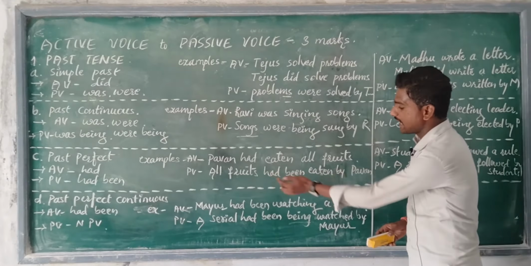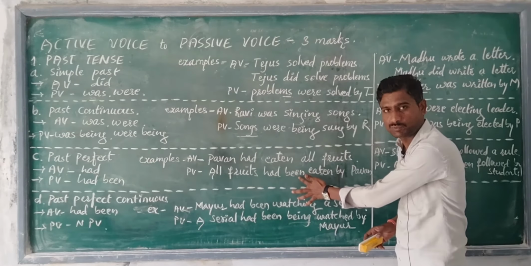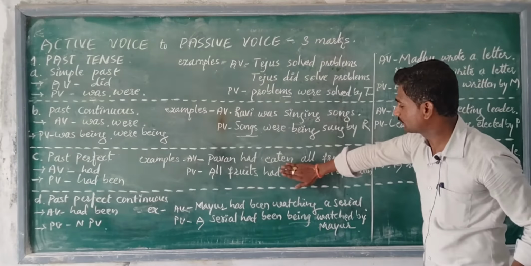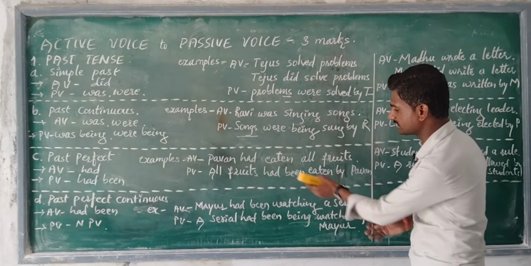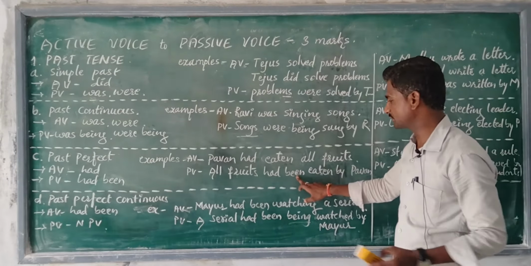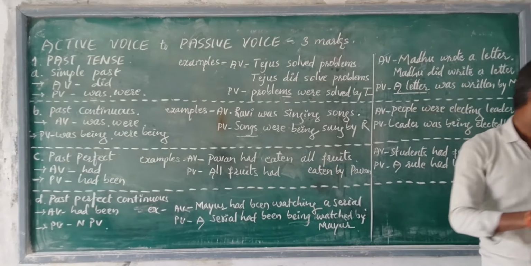I have mentioned an extra word here to complete the passive voice. That is been. If I do not use been in passive voice, remember my dear students, then what is the difference between the active voice and the passive voice?